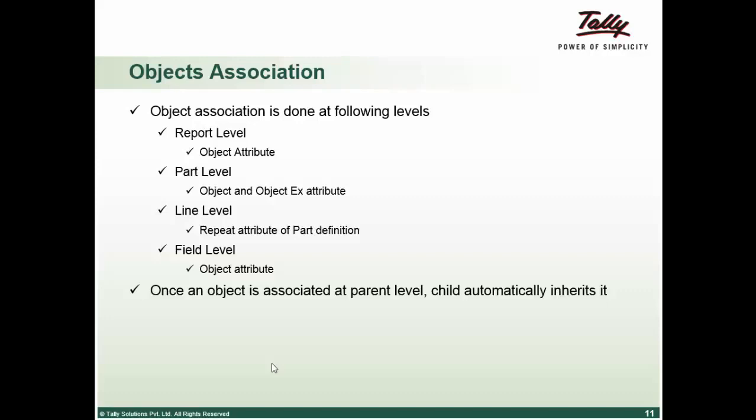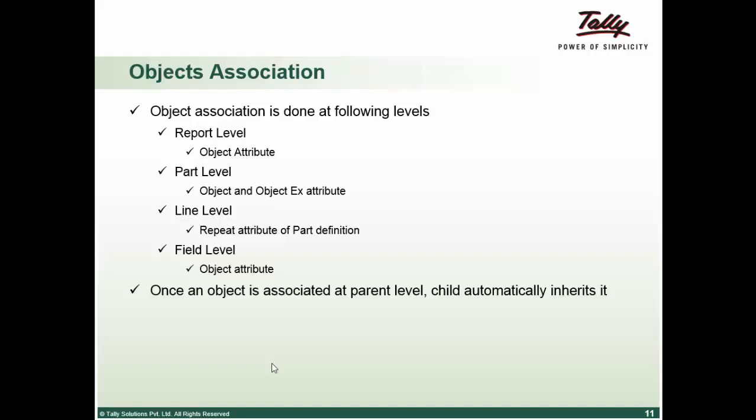By using object EX, a second, completely new primary object can be associated. In case you want to associate it at line level, you have to make use of the repeat attribute at part definition. Well, we will be doing this also very shortly.